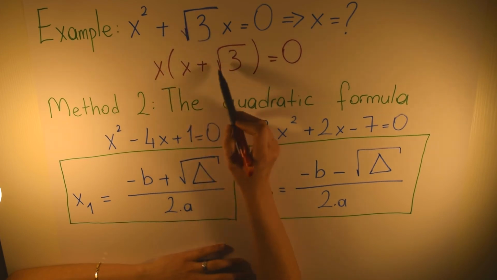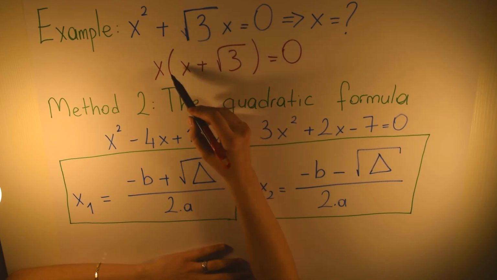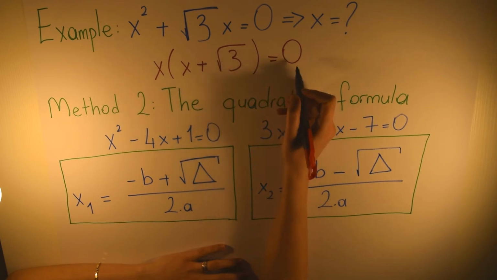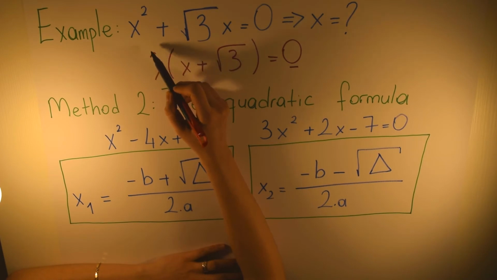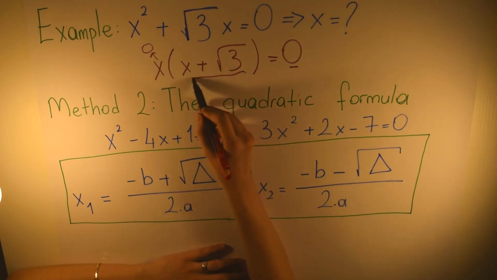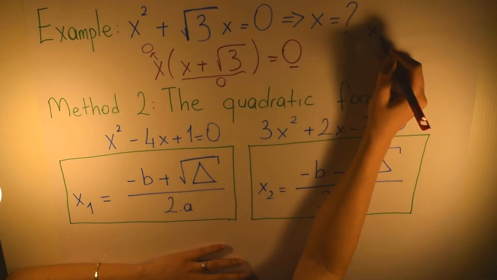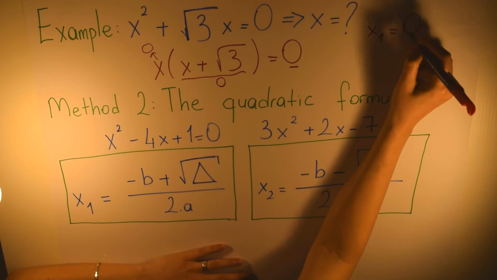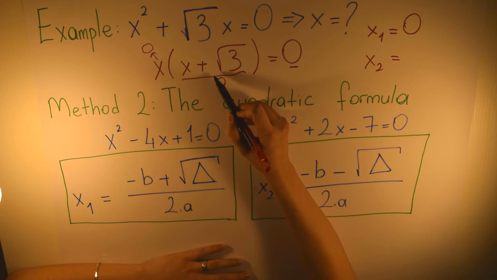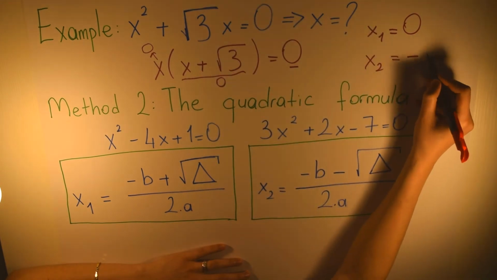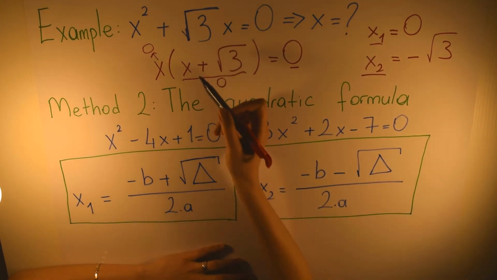When you multiply this x by this, you will get square root of 3 times x. So after this, it's very easy. To get 0, this x can be 0, or this expression can be equal to 0. So our first solution is 0, and our second solution, when you make this equal to 0, is minus square root of 3. So these two are our solutions for this example.